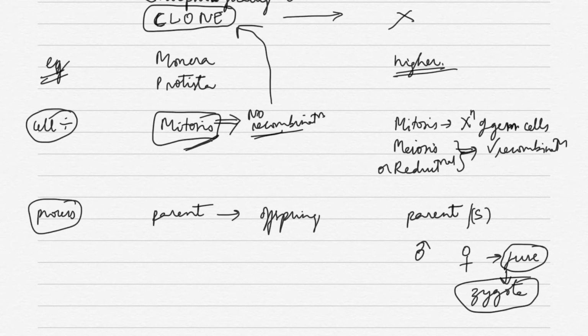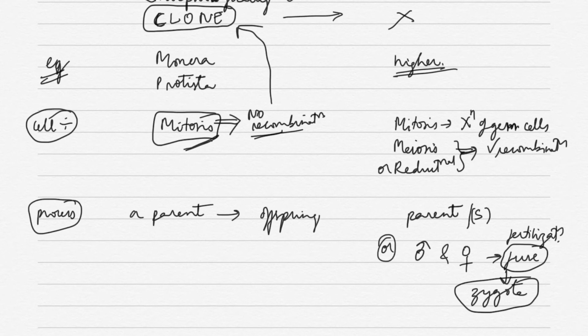So what is the process in asexual reproduction? A parent is capable of producing offspring. Here parent or parents are required, or to put it simple, we have male and female gametes. They have to fuse. That is called as fertilization, right? And then the zygote is formed, it becomes an embryo and then an organism.